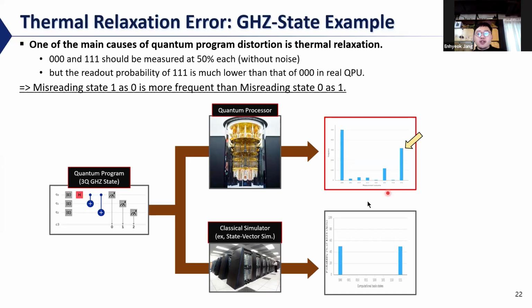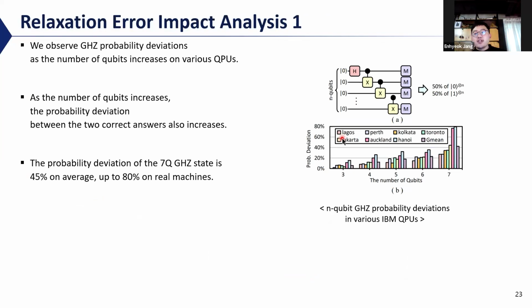But the real quantum processor shows very noisy results, and the tendency is that the probability of 111 is much smaller than that of 000, due to the thermal relaxation error during the quantum computation process. The superposed states lose their excited states, so the probability of 000 is much higher than 111. And here is another analysis.